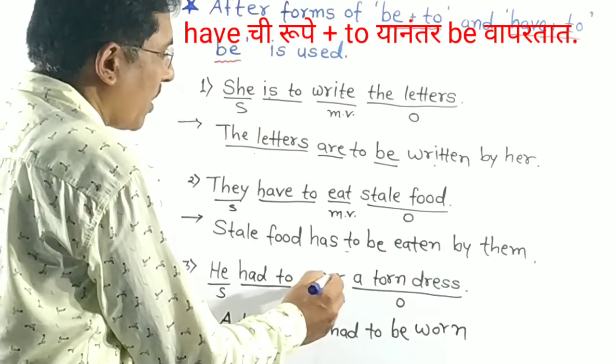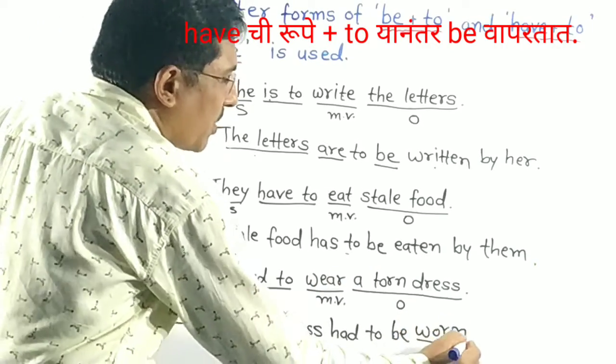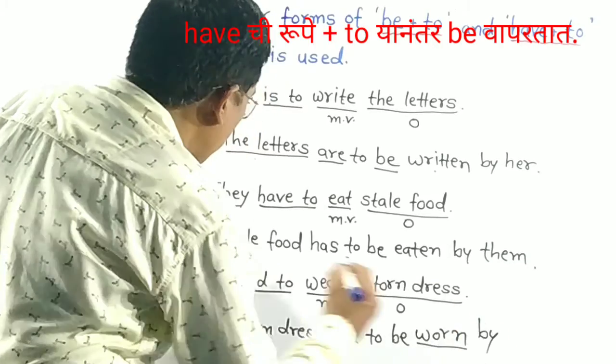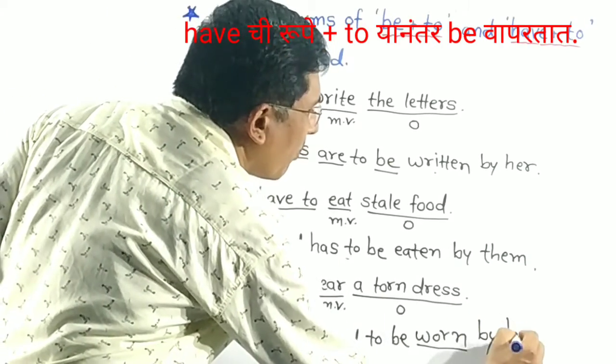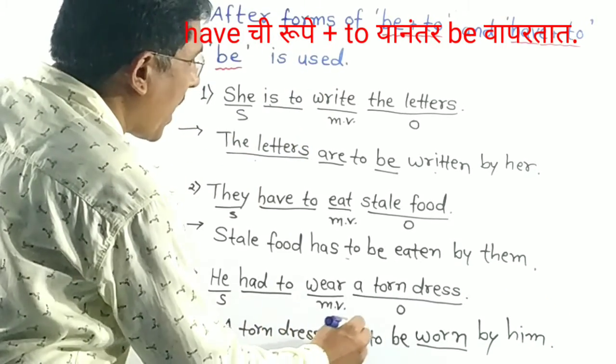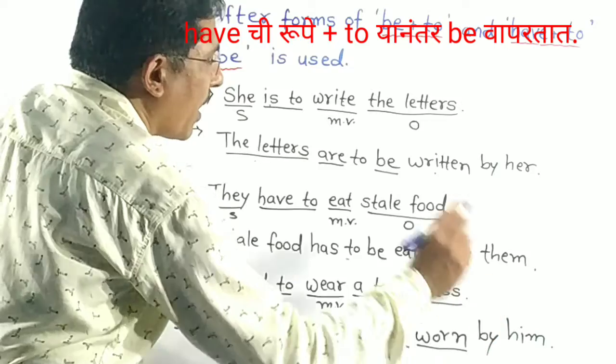V3 forms are wore or worn. Worn is the V3 form. Then take by and he becomes him. A torn dress had to be worn by him.